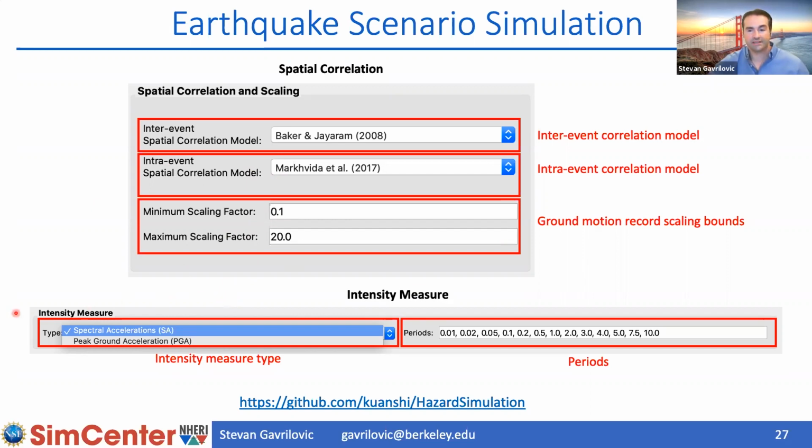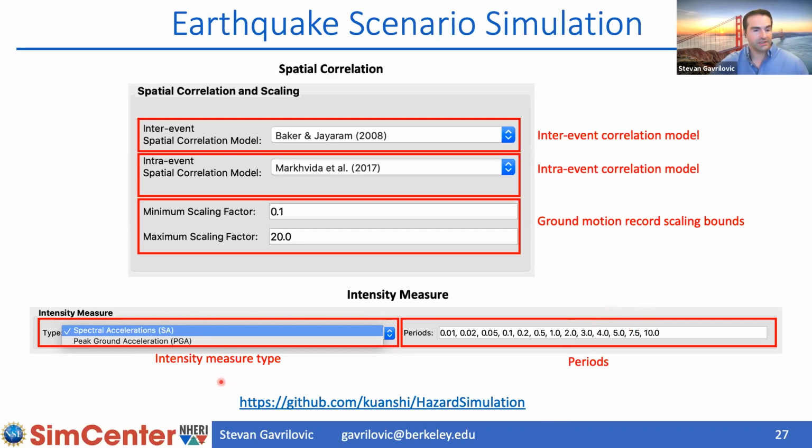Lastly, a user can select the type of intensity measure they want. Say they want spectral acceleration or PGA. If you select spectral acceleration, you'll have a list of periods that you provide, which are used to compute the values for the response vector, and also used within the correlation models to interpolate the different correlation coefficients.